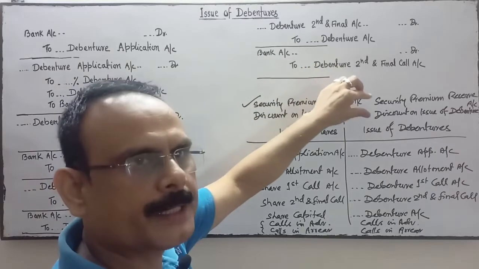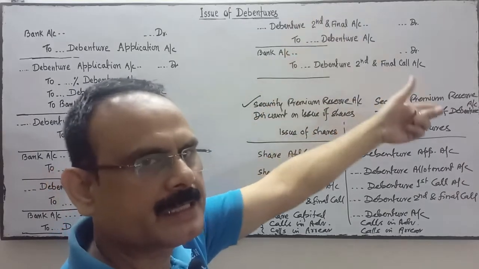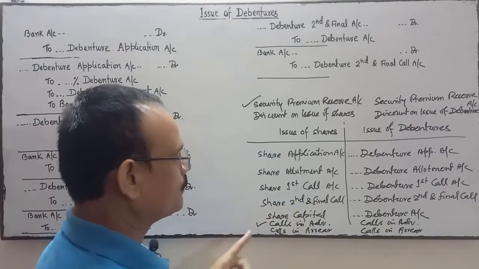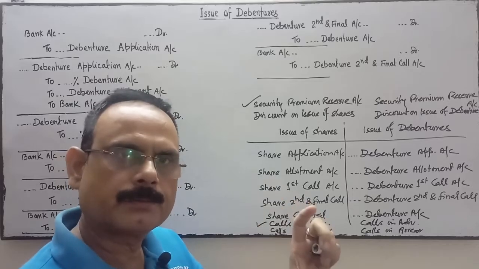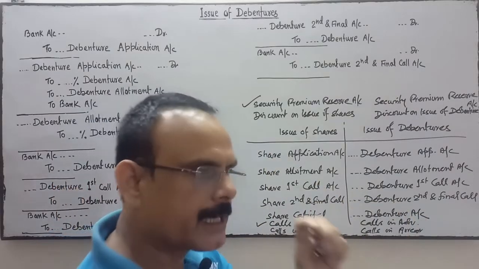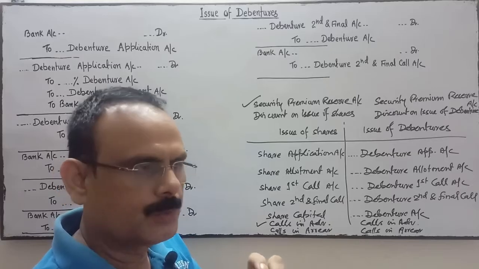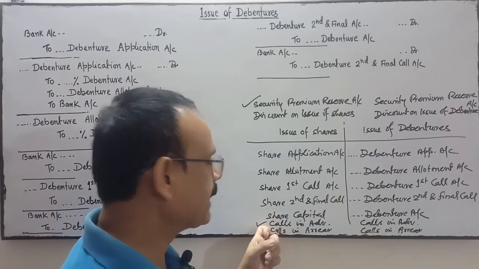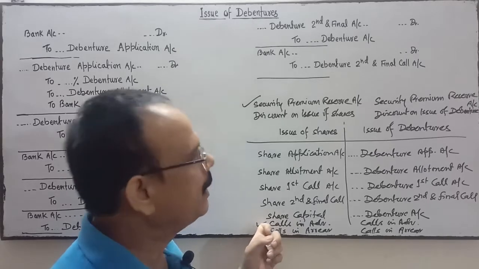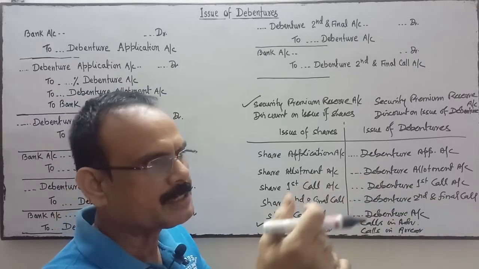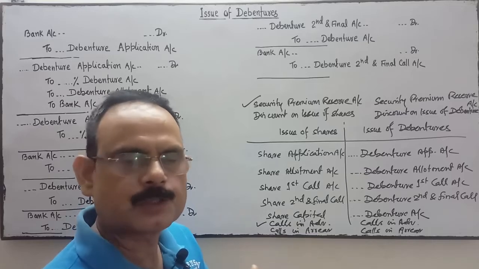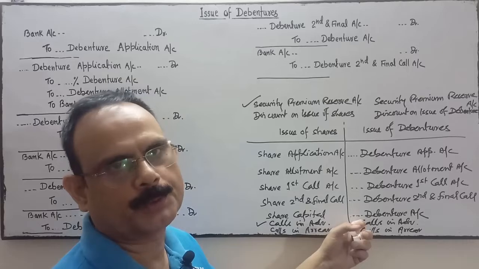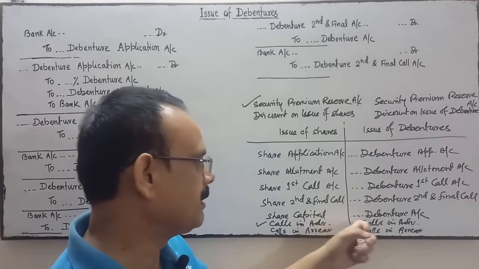Related to calls in advance, when the share money is received by the company which is not called, which is paid by the shareholder in advance, then we open the account calls in advance. Similarly, when the debenture holder has paid the amount in advance which was not called by the company, then the calls in advance account will be opened over here also. So it is a similarity.